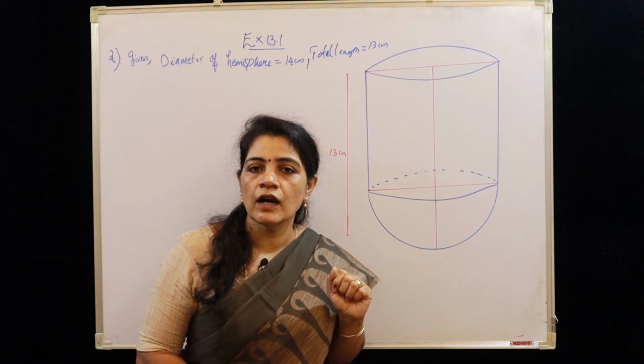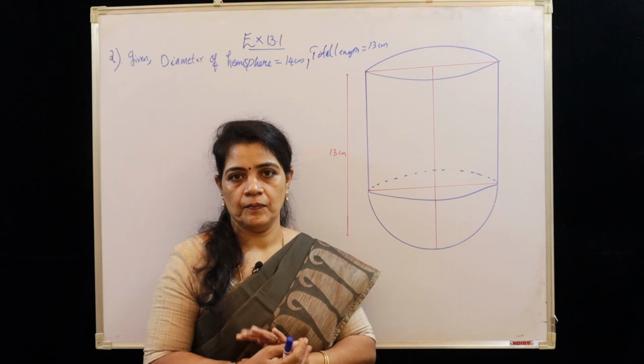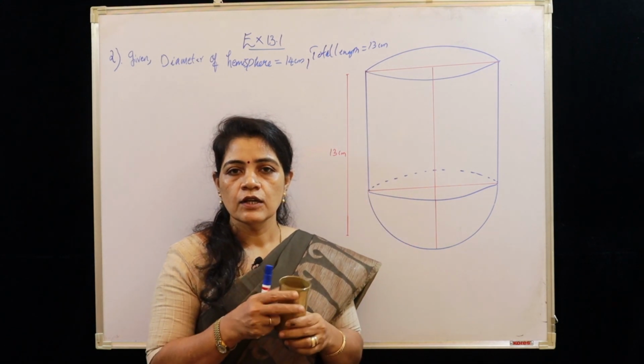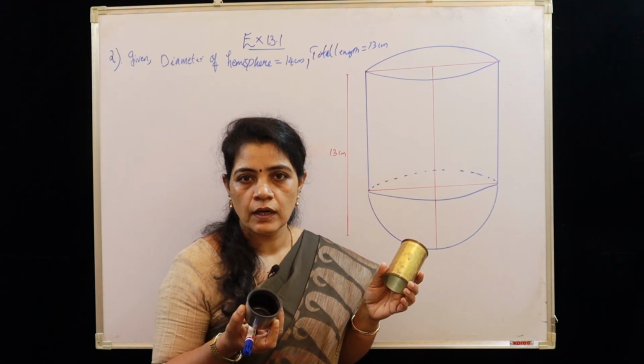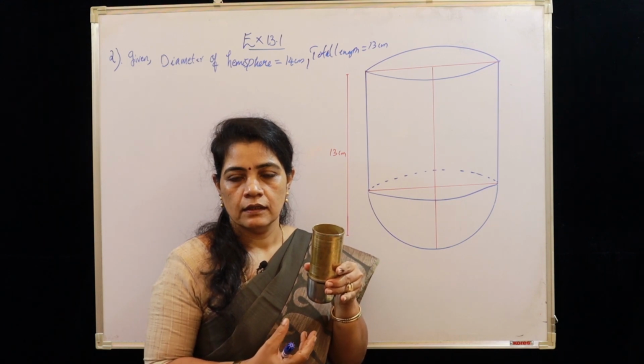We have to find the inner surface area of the vessel. So it is almost like this form, children. The bottom is a hemisphere and a hollow cylinder is mounted on it.